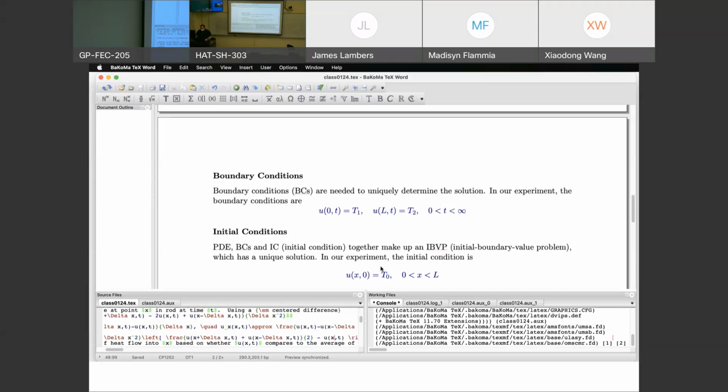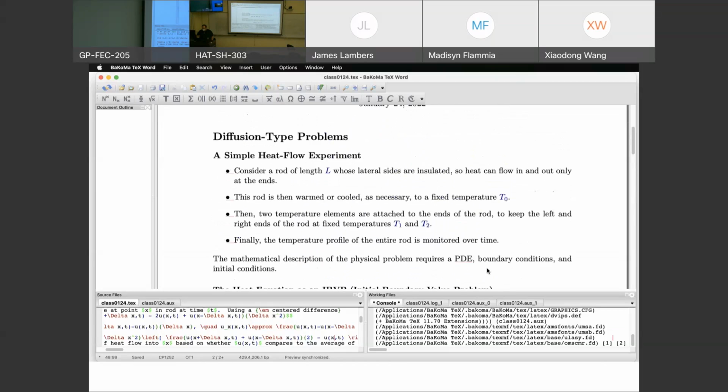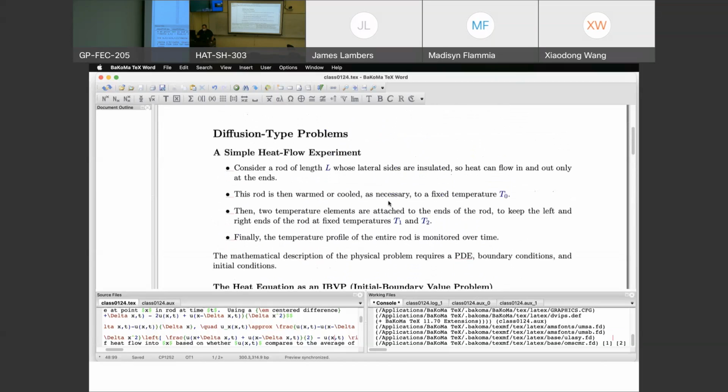Are there any questions up to this point? With that initial condition, that's at time 0, right? Yes. Okay. I got a bit confused with the bullet point about it, because it said it's warmed or cooled to a fixed temp T. So, but it starts at... Oh, wait, are you referring to fixed temperature T? Oh, okay. All that means is, whatever temperature the rod happens to be, which could be anything at first, we make sure that it has that temperature at t equals 0.